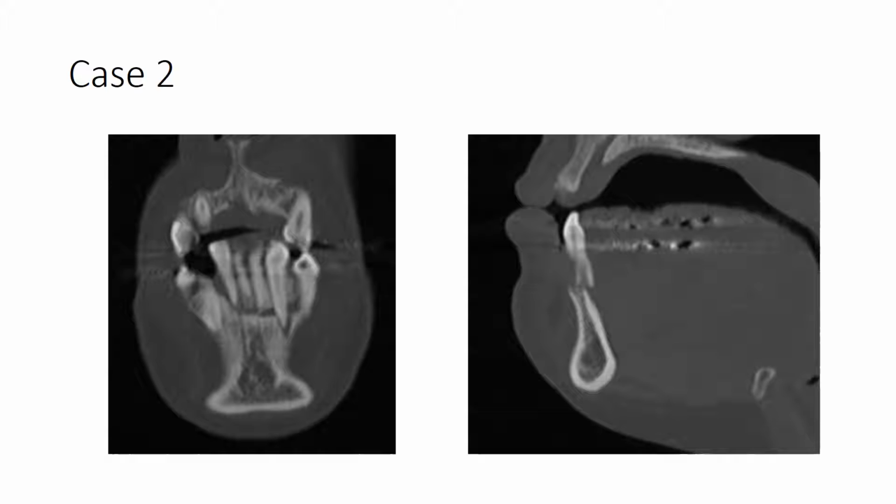Here's another case demonstrating the same finding. You've got fracture of the buccal and lingual plates. This is of the mandible. It does not extend to the inferior border, and again the block of bone and teeth kind of move as one big segment.